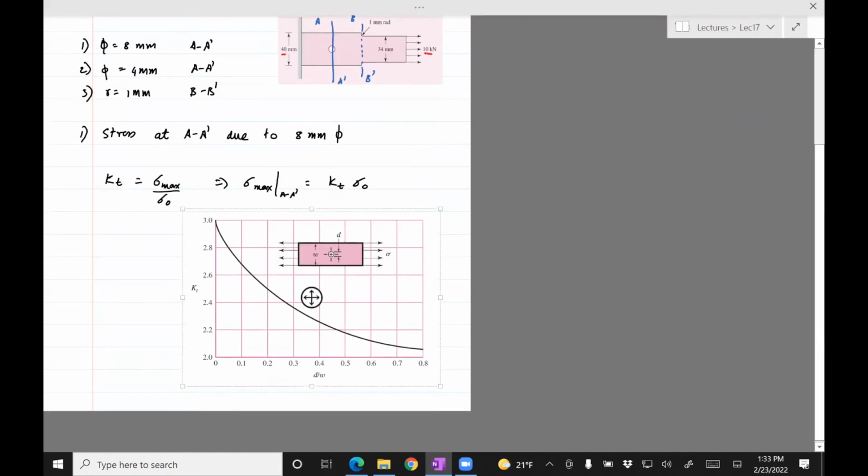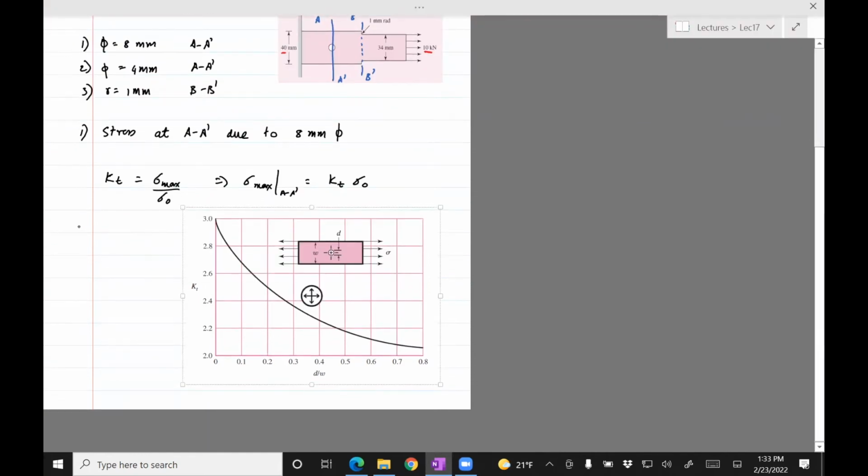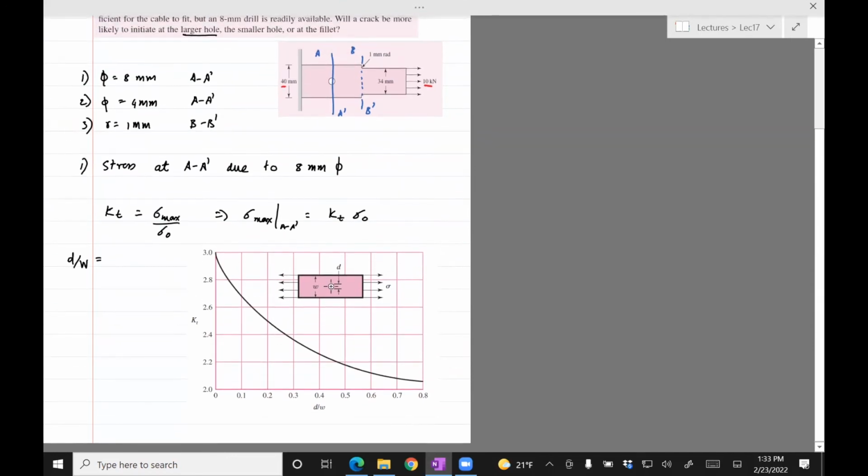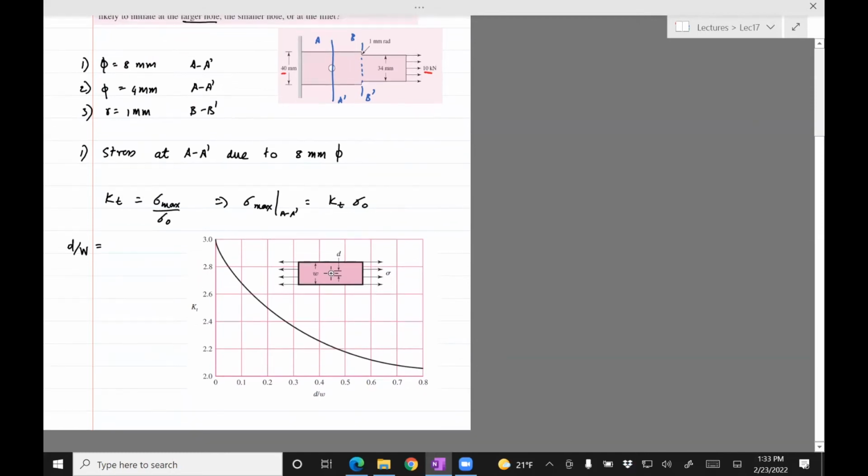So we need the ratio of D divided by W. D is the hole diameter, so that's 8. W is the width, you can see here, that's 40.